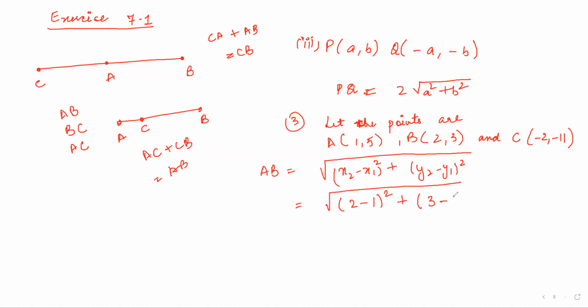Minus 5. Okay. Tell me what is the answer quickly. Root of 1 square plus (-2) square. Tell me the final answer. So it is 1 plus 4, under root 5 units, right? Okay. Now similarly calculate BC and calculate AC and you will tell me the final answer.